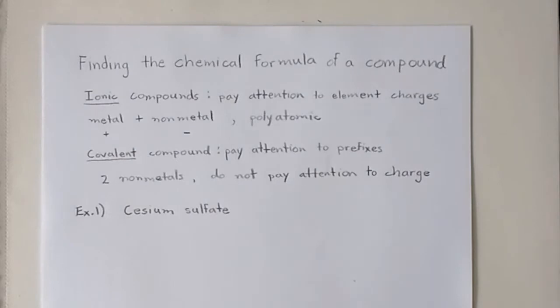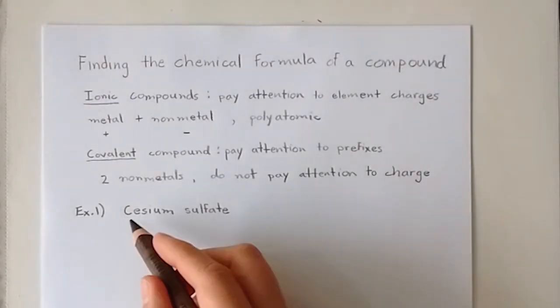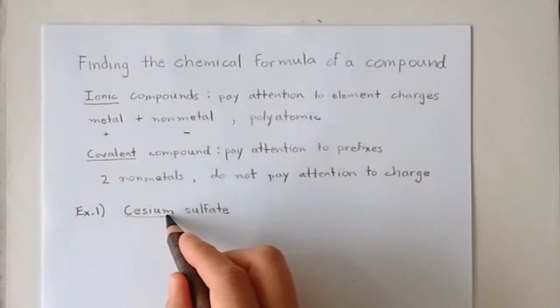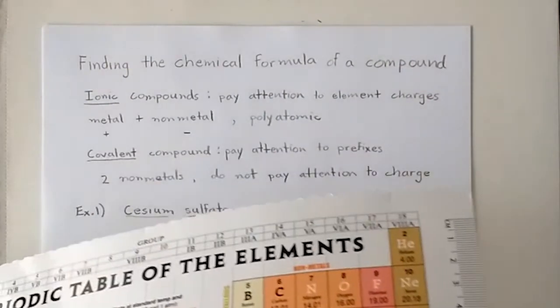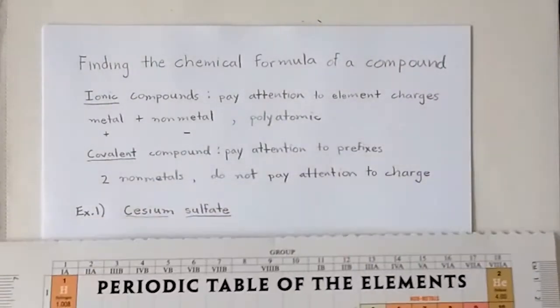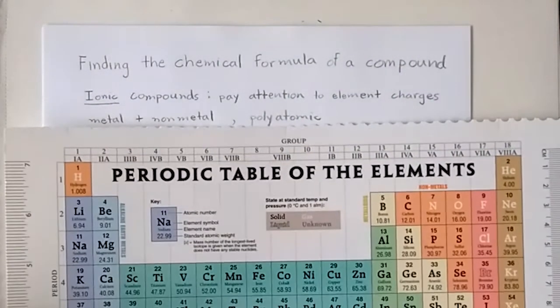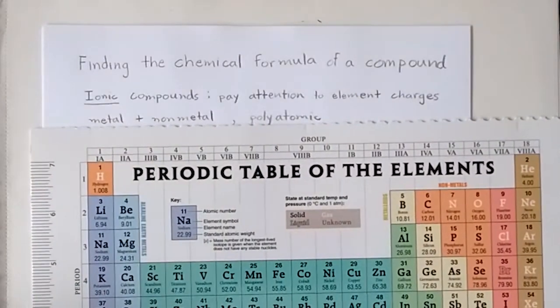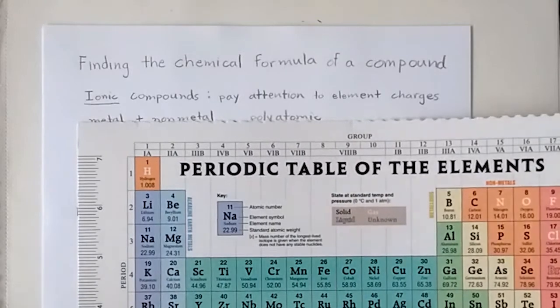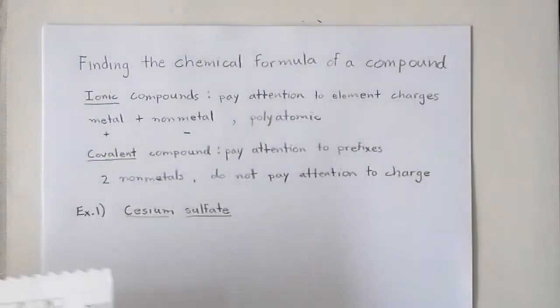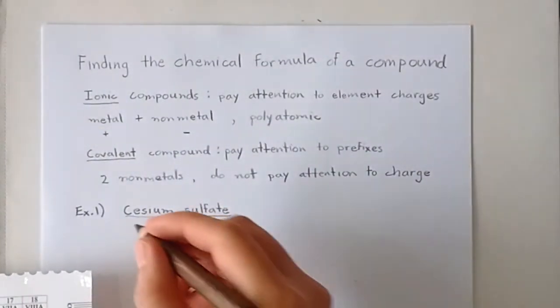In this case, first we want to identify each of these parts and what symbols they represent according to the periodic table. As we see here, cesium is represented by the chemical symbol Cs. So we know we have Cs for cesium.